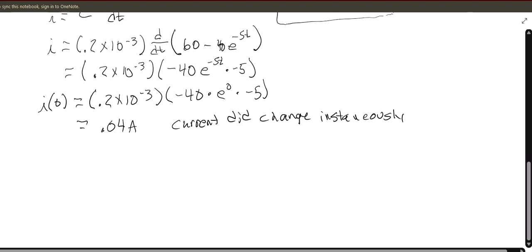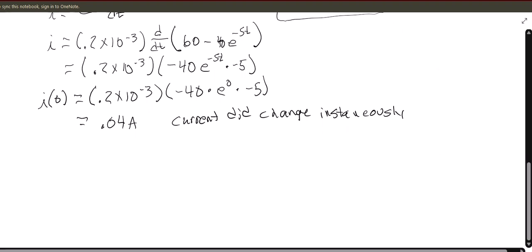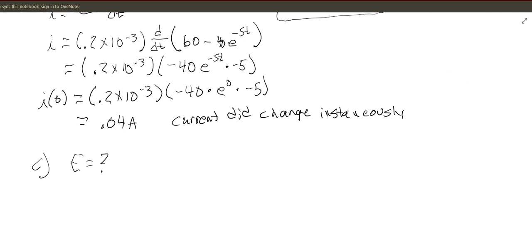So how much initial energy was stored in the capacitor at t equals 0? That's part C. How much energy did it have? And energy, doesn't your book use W for energy? I think it does. Energy equals 1/2 CV squared. Remember, it doesn't matter if we talk about 0 plus or 0 minus, because the voltage doesn't change instantaneously. So at 0, the voltage is 20.